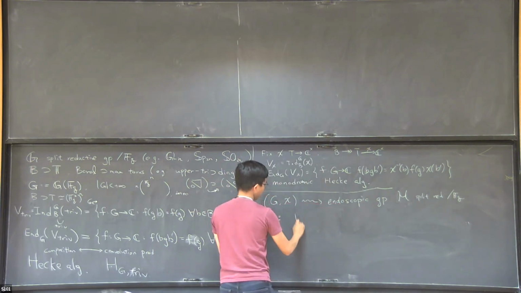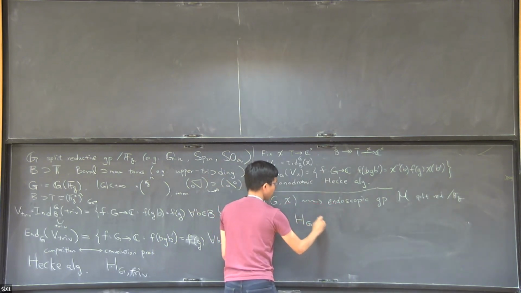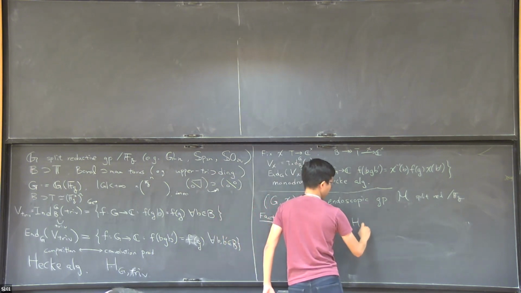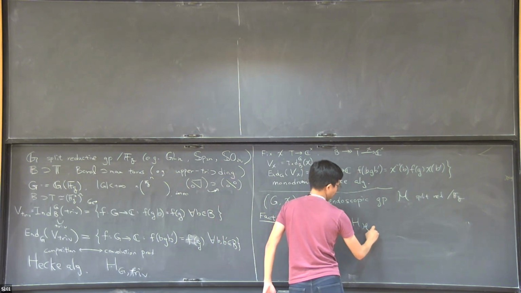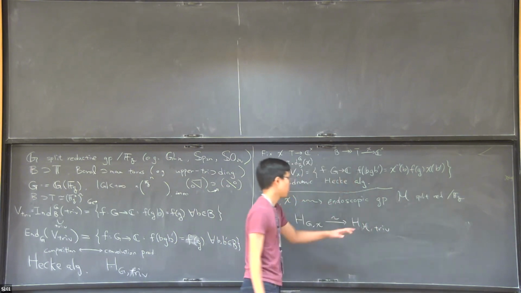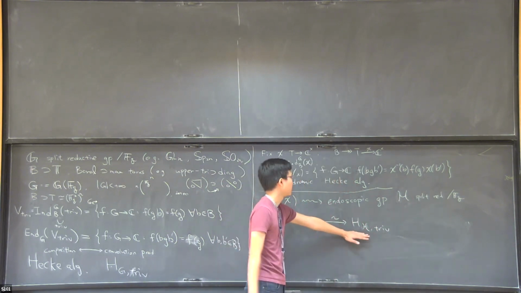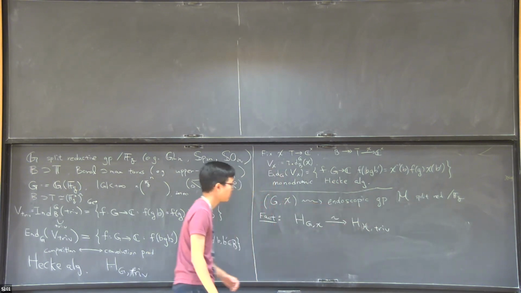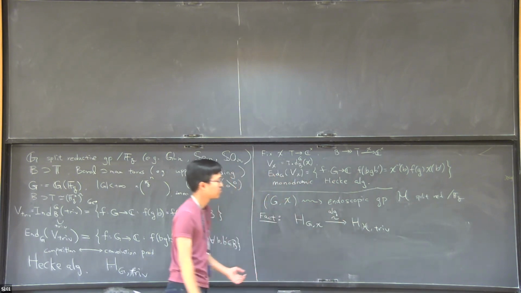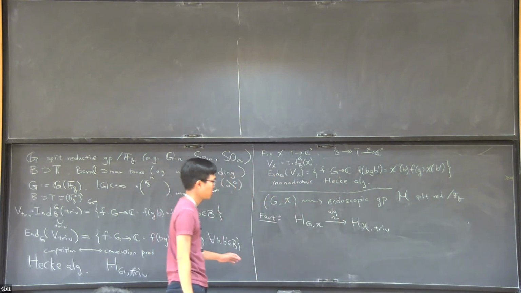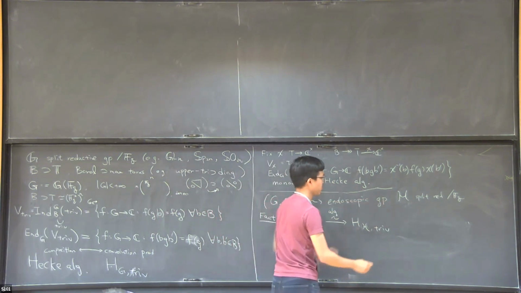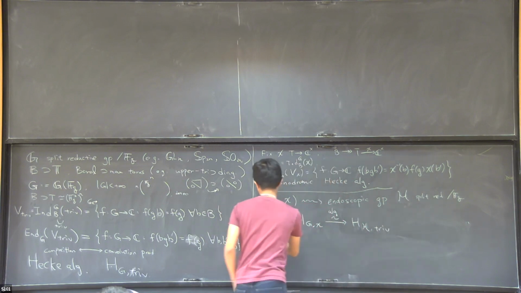The fact here is that the monodromic Hecke algebra is actually isomorphic, as an algebra, to the Hecke algebra associated to the endoscopic group. So they are somehow related, but with a smaller group. By the way, H is a smaller group. Let me give an example.